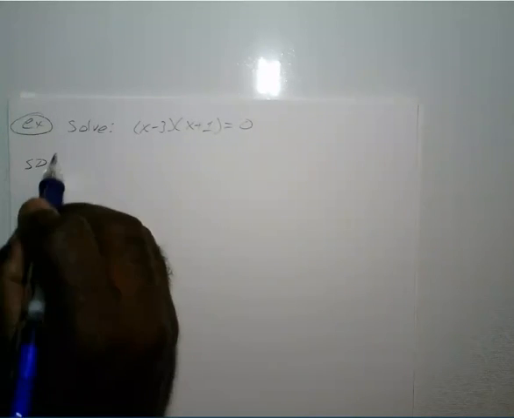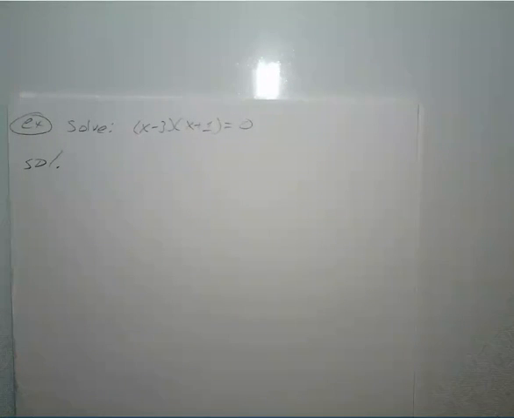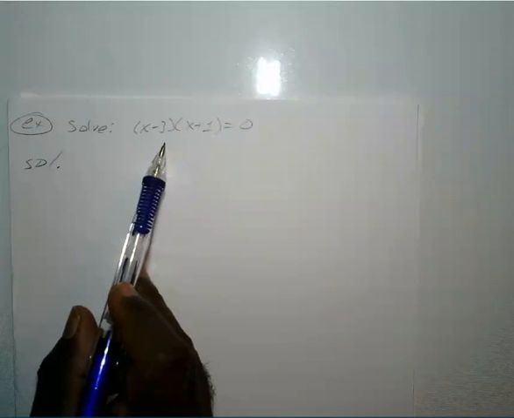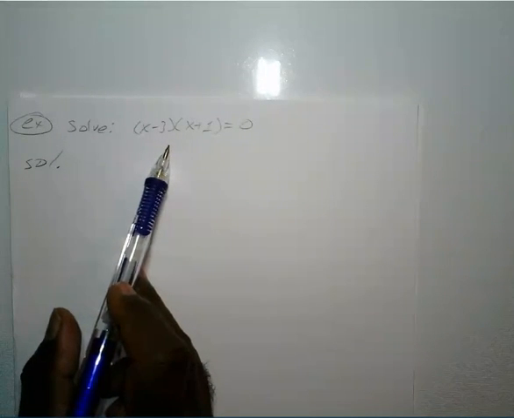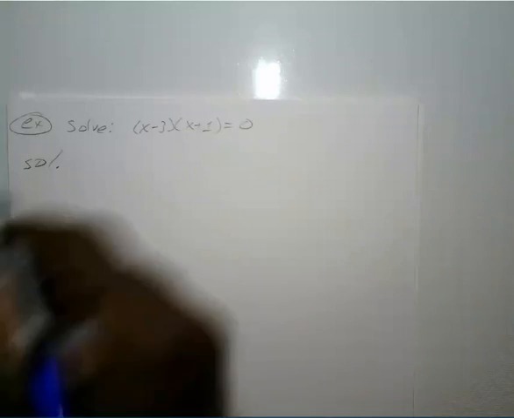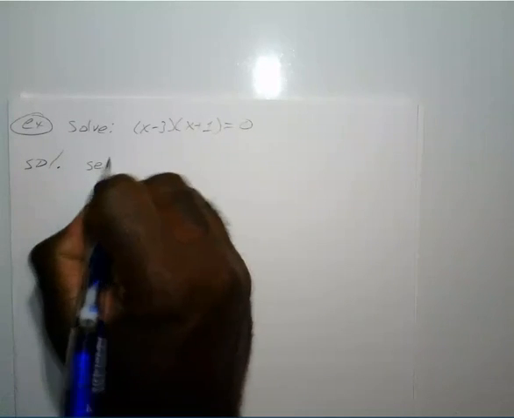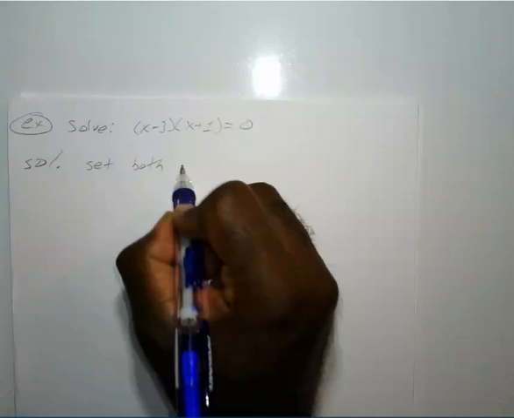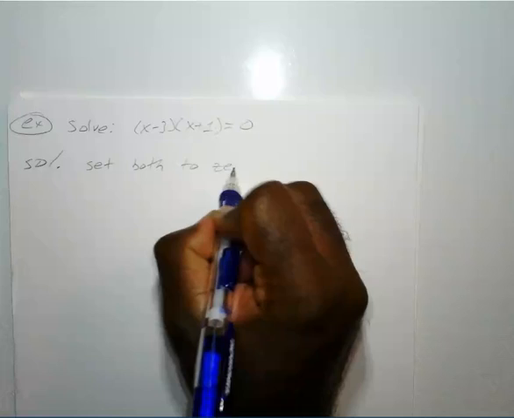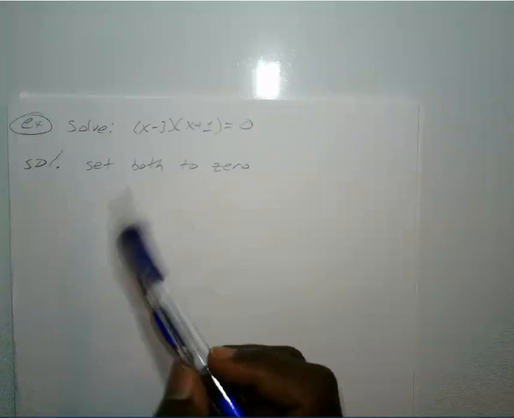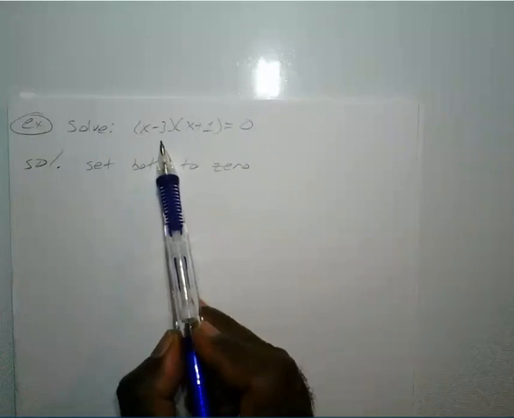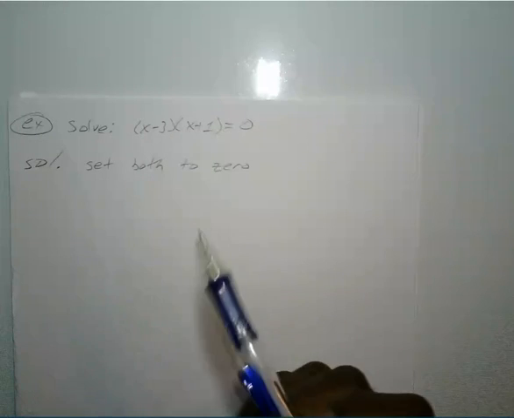Okay, now when you have a problem that's already factored like this, it's really straightforward, because all you have to do is set both factors to 0. Because remember, a times b equals 0 means either a equals 0 or b equals 0.